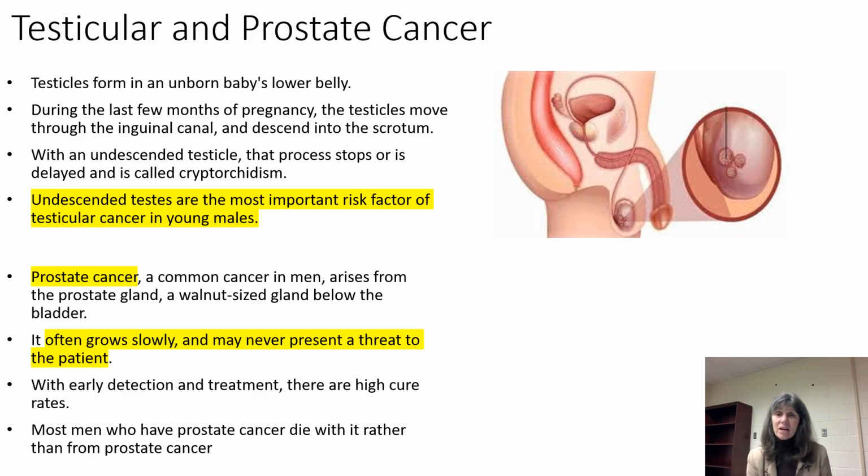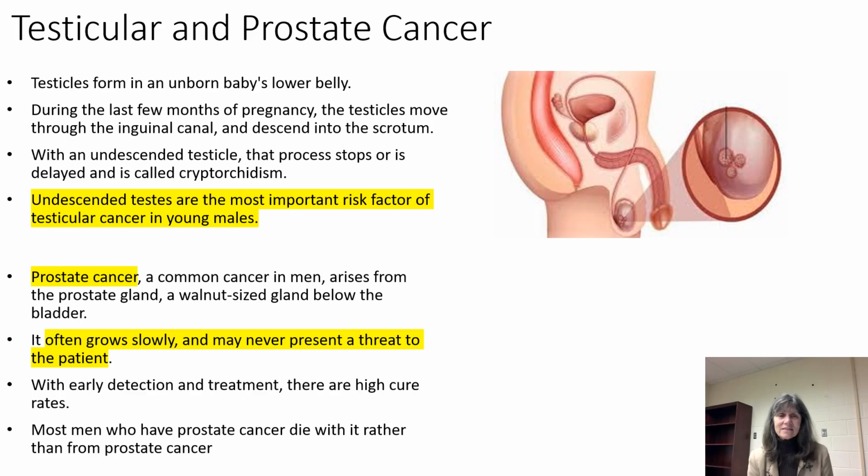They'll move through the inguinal canal and they'll descend into the scrotum. With an undescended testicle, that process either stops completely or is delayed, and an undescended testicle is referred to as cryptorchidism. Undescended testicles are actually the most important risk factor when it comes to testicular cancer in young males.